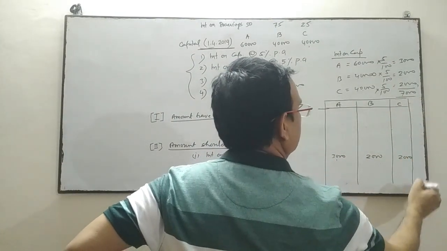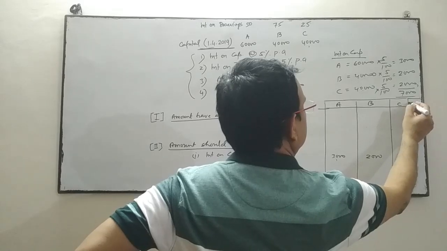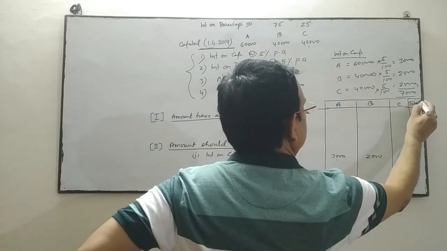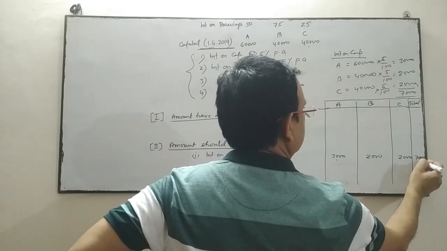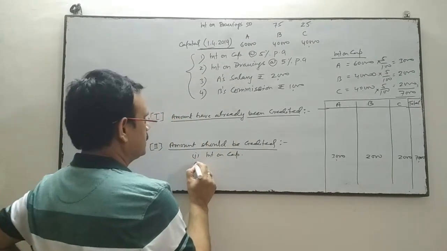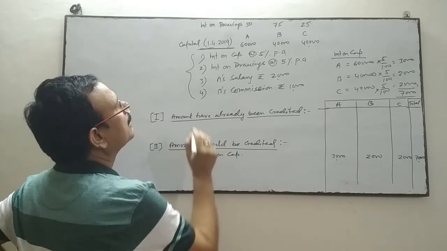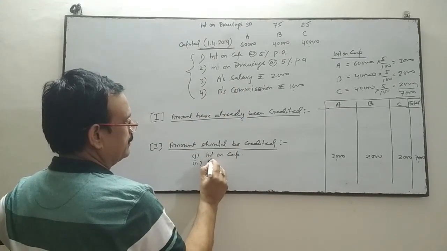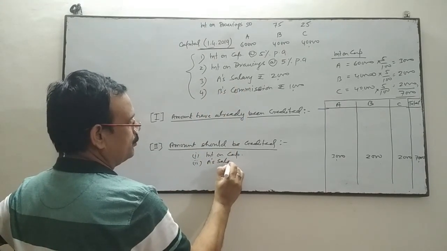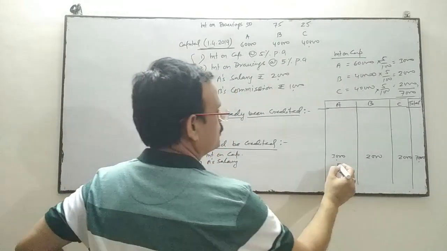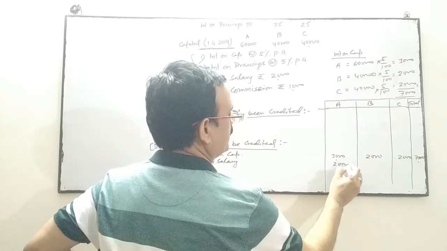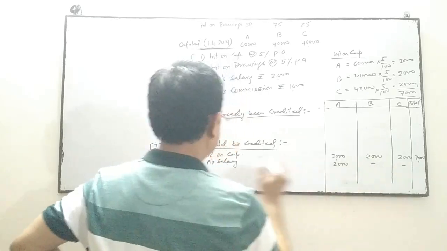Total, it should be 7000. Second is salary should be credited. So A's salary is 2000, there is no salary to B and C.